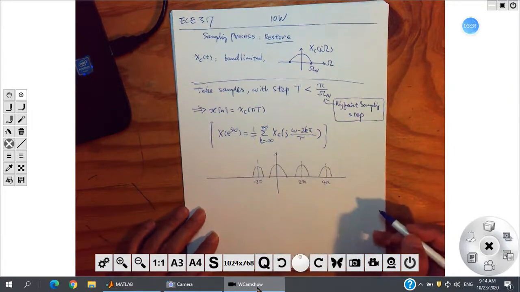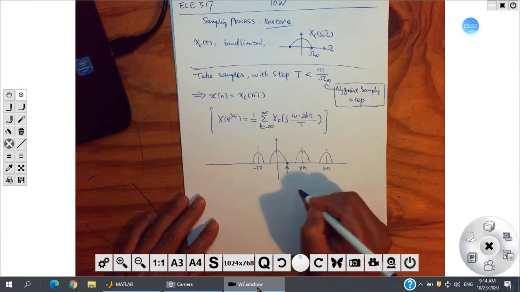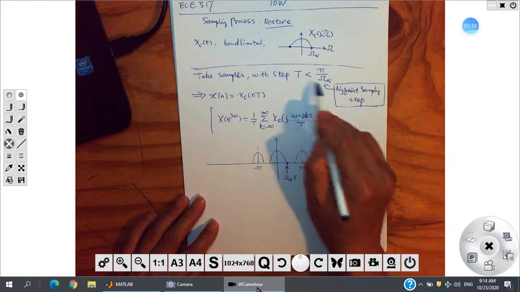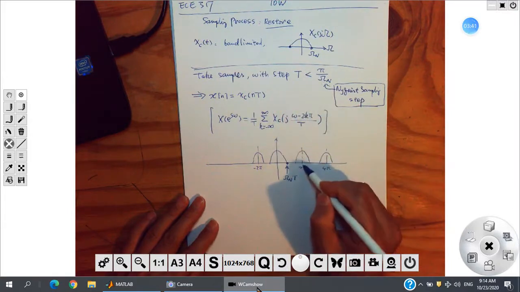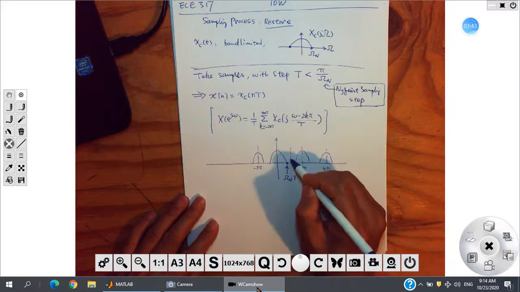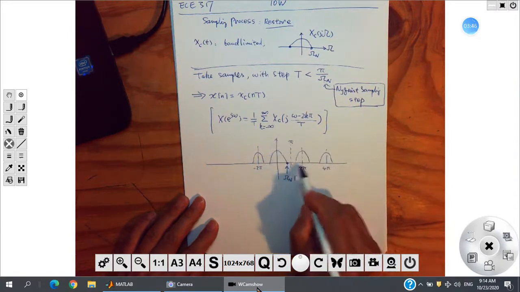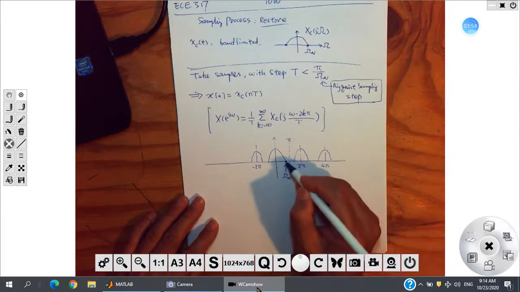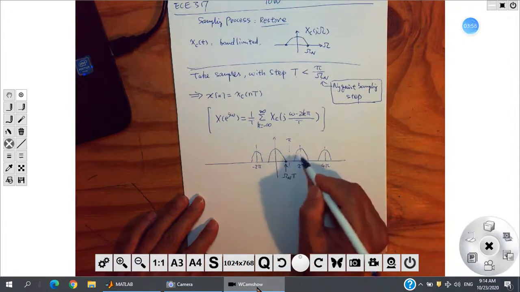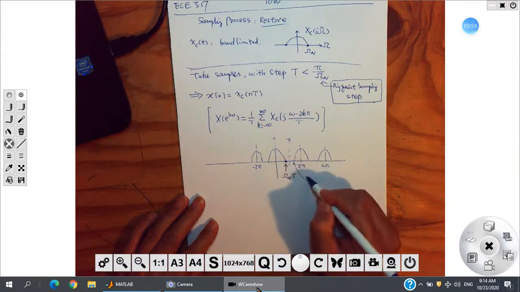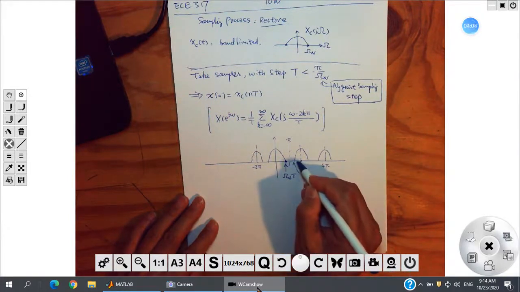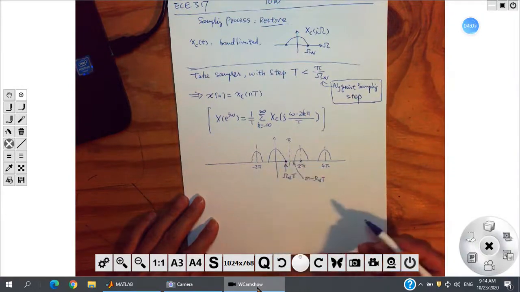At this point is omega_N times T. Omega_N times T is smaller than pi. This is 2 pi, the middle is pi. Then you have a gap between these two peaks. This point will be 2 pi minus omega_N T. 2 pi is here, this is the center, and we go backward.